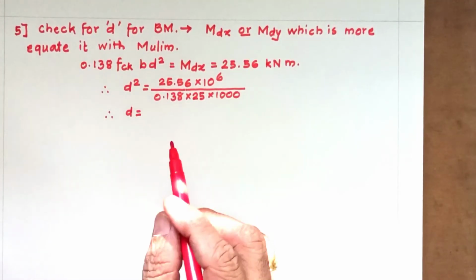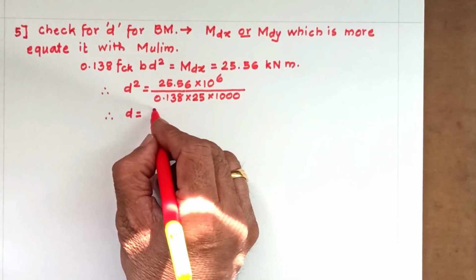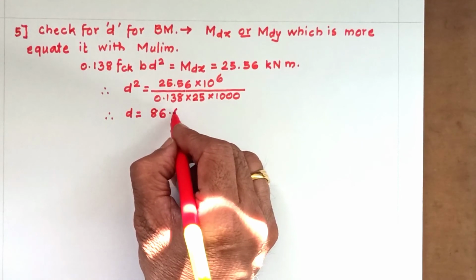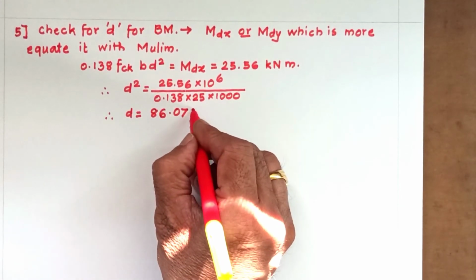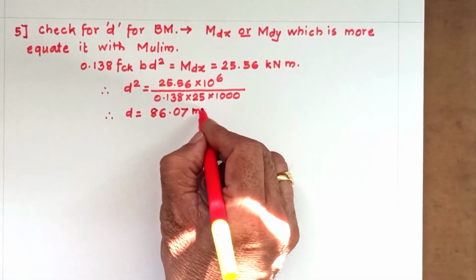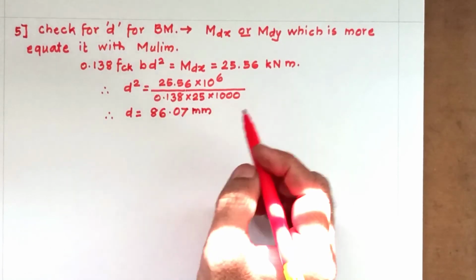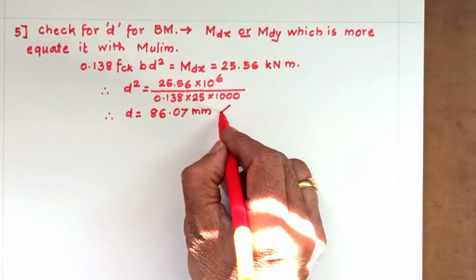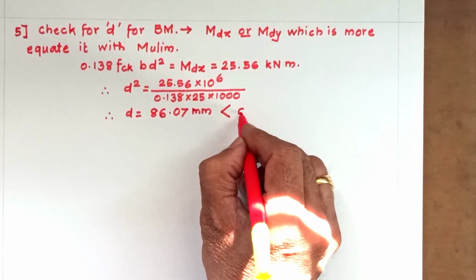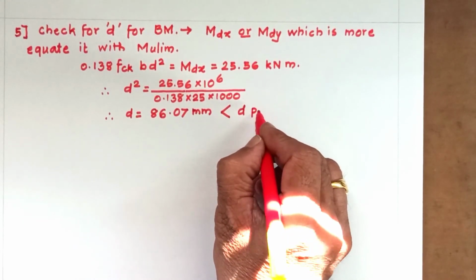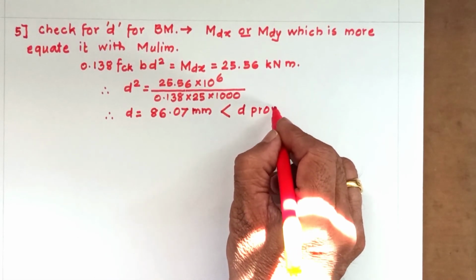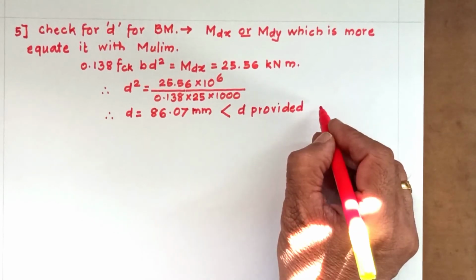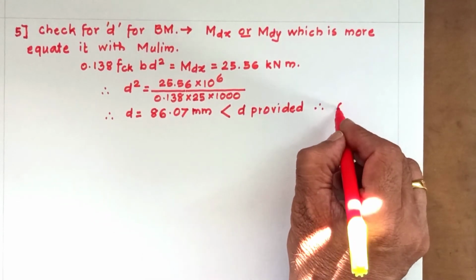Therefore, D is equal to 86.07 mm. Definitely, this is the depth required to resist the bending moment, which is less than D provided. Therefore, it is okay.